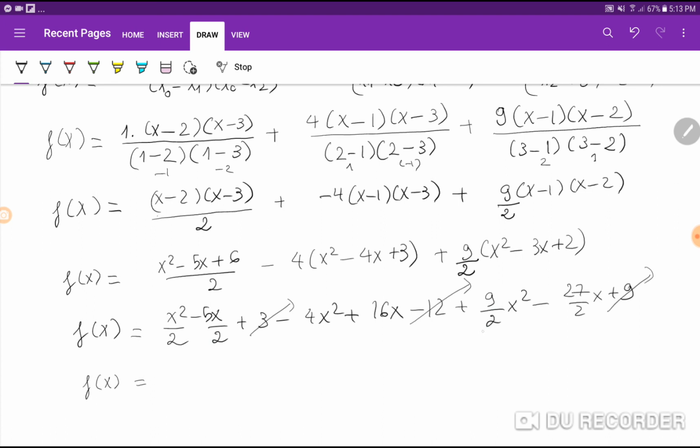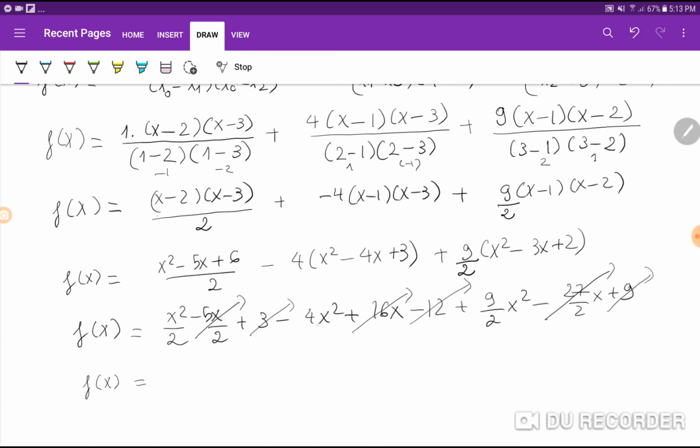And 2 minus, oh, I apologize, wrong coefficient. Negative 5 over 2 x plus 16x is, yeah, it's actually 27 over 2 x, and 27 over 2 x minus 27 over 2 x would be 0, so this term cancels out.